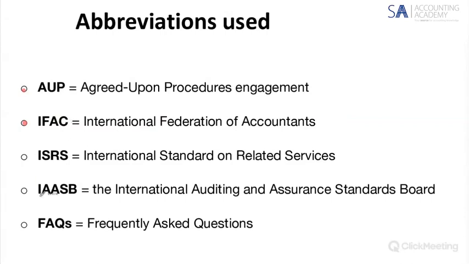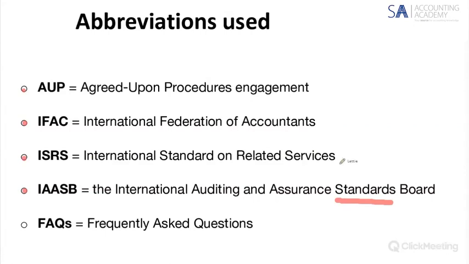There are two standard setting bodies inside IFAC. One of them is the IAASB, which is the International Auditing and Assurance Standards Board, and they are the ones that develop the standards, all the ISAs, the International Standards of Auditing, the ISRE on review engagements, ISRE 2400, and then all the ISRS standards as well, international standards on related services.